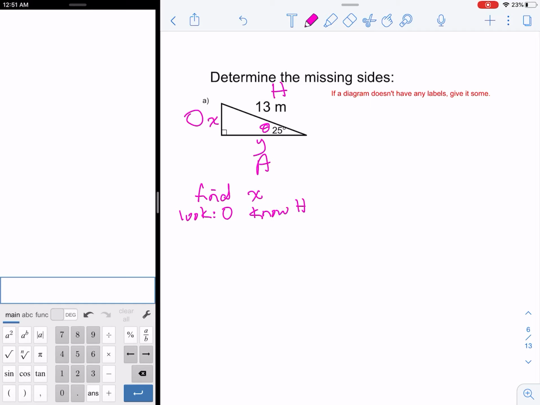I'm going to write SOHCAHTOA up here. Opposite and hypotenuse is sine. So the sine of theta equals opposite over hypotenuse. Now substitute the sine of 25 degrees equals x over 13.